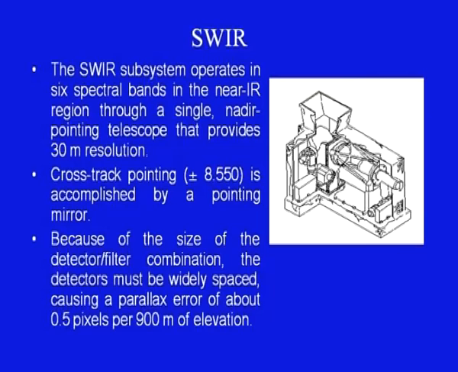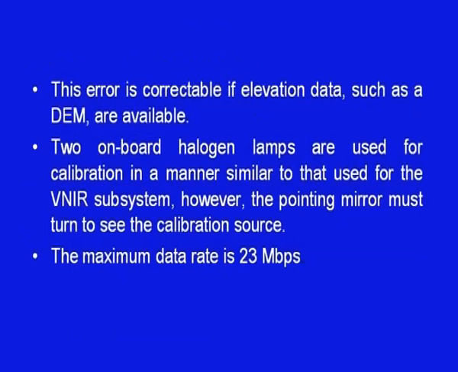Because of the size of the detector or filter combination, the detectors must be widely spaced, causing a parallax error of about half a pixel per 900 meter elevation. This error is correctable if the elevation data such as a DEM are available.